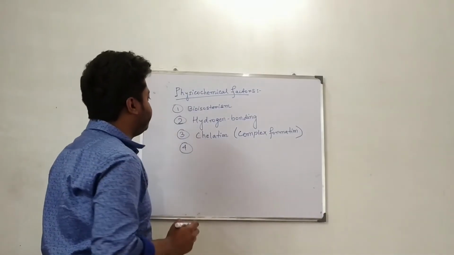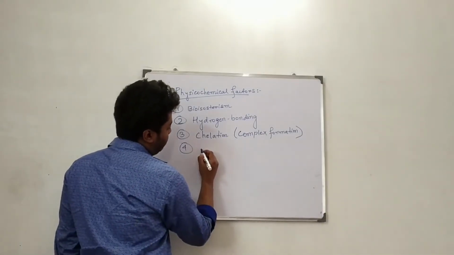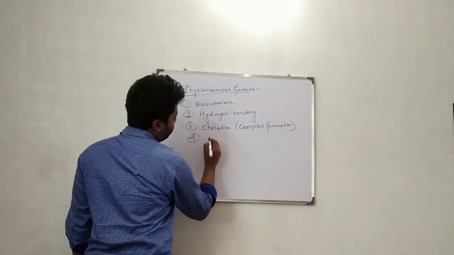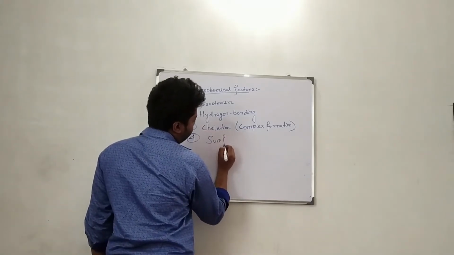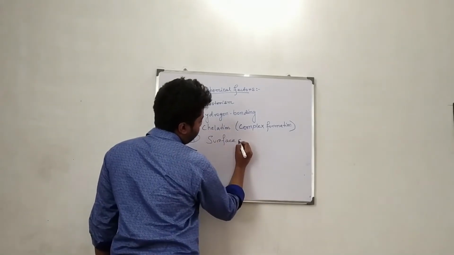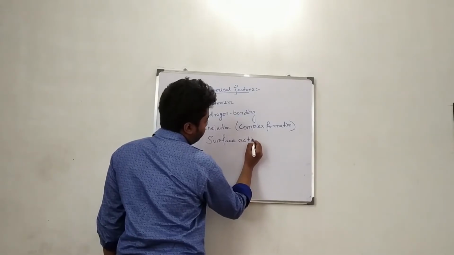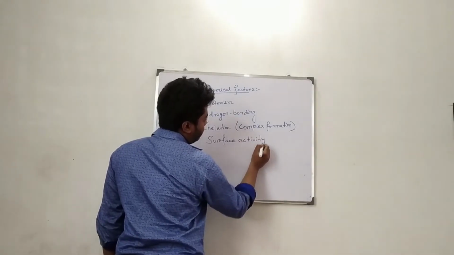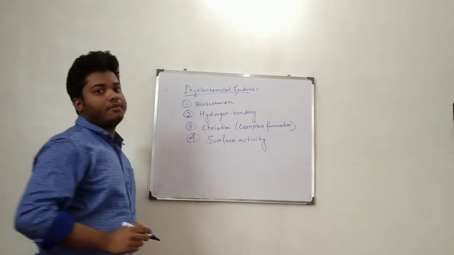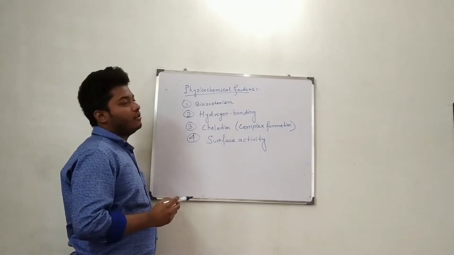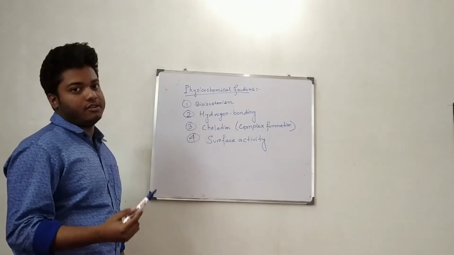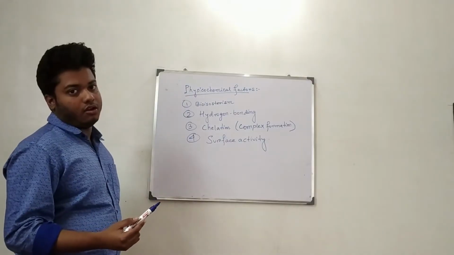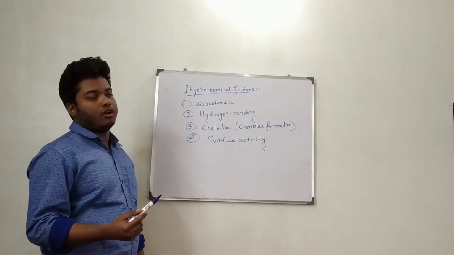Fourth is surface activity. So these are the four physicochemical factors that generally influence the biological activity of a therapeutic molecule or drug.